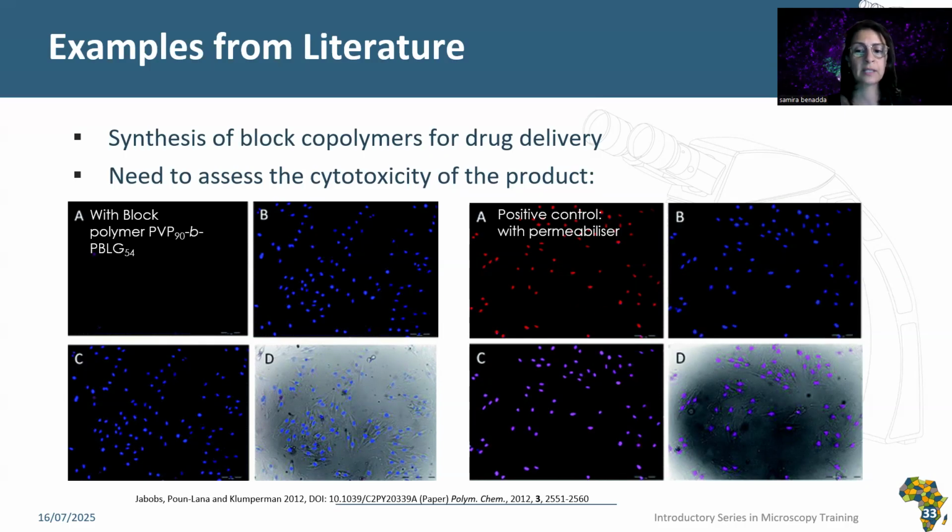This serves as a positive control for cell death, to identify that there is cell death here with the nucleus stained in red. And here is the cell treated with the block copolymer, and we can see the red staining of the nucleus is not detected.